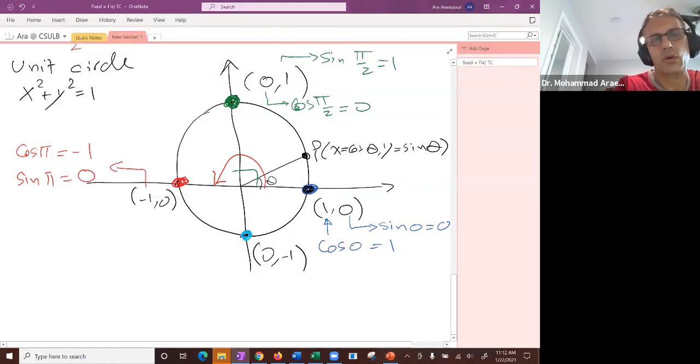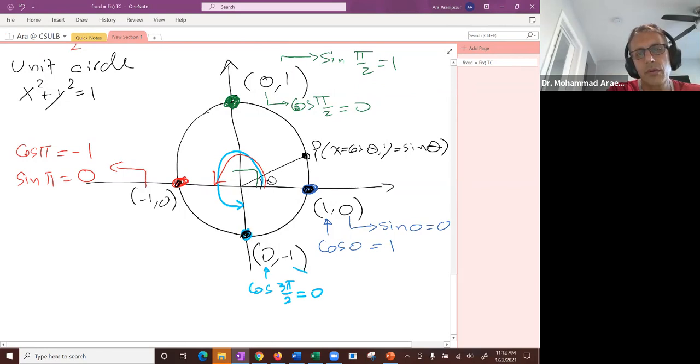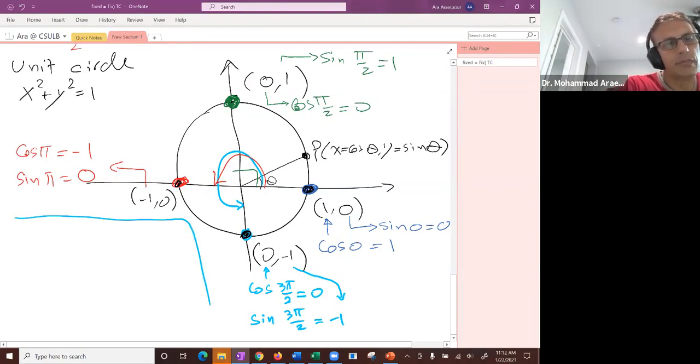If I'm looking at this one, this is 270 degrees or 3 pi over 2. Cosine 3 pi over 2 is 0. Sine 3 pi over 2 equals negative 1. And so we can write, generally speaking, sine of n pi is 0.